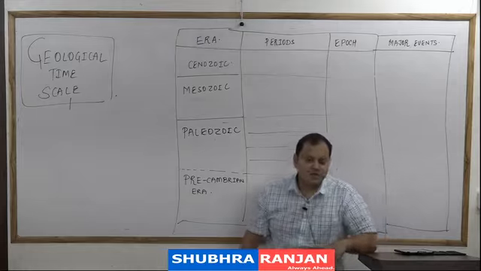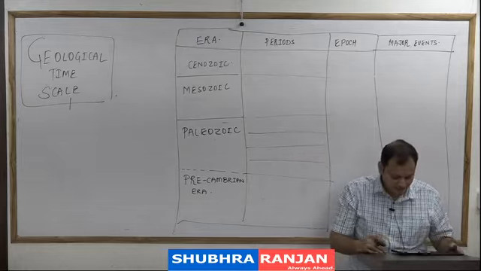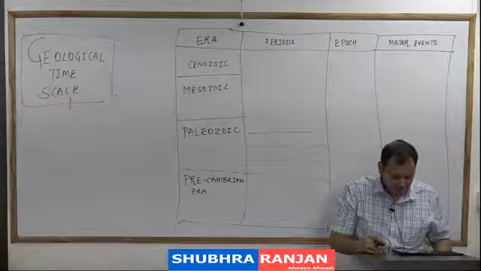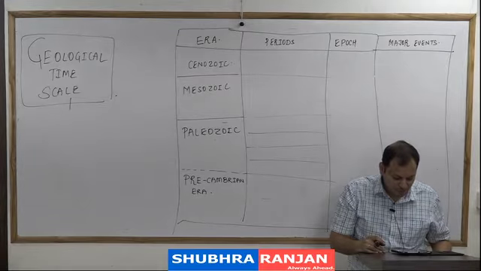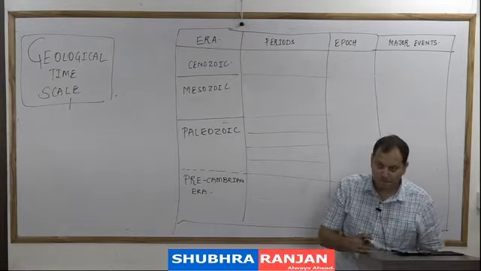First, origin of the earth. Around 4.5 billion years ago.